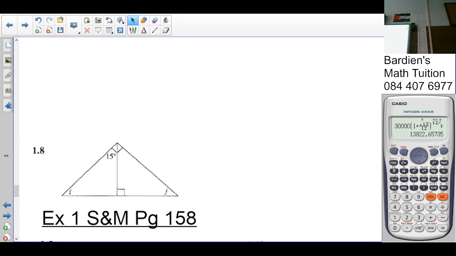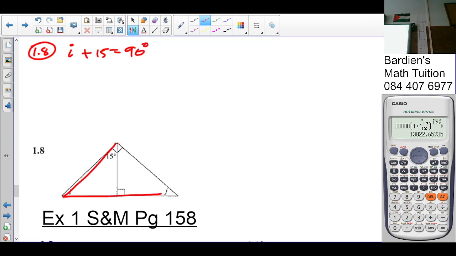1.8. I'm going to do 1.8. I plus 15 is equal to Y. Can you see that? There's your triangle.